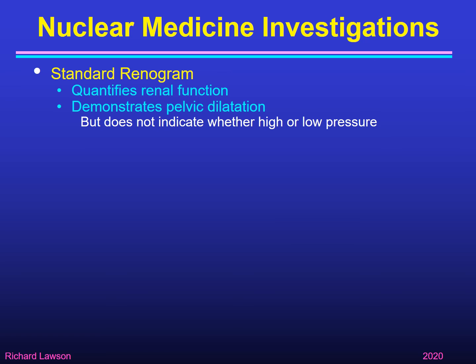The standard renogram will demonstrate that a patient has got a dilated renal pelvis, because if the renogram curve doesn't fall, the kidney isn't emptying, and that's likely to be due to a large volume dilated pelvis. But it doesn't indicate the cause. It doesn't tell us whether it's a high or low pressure system.